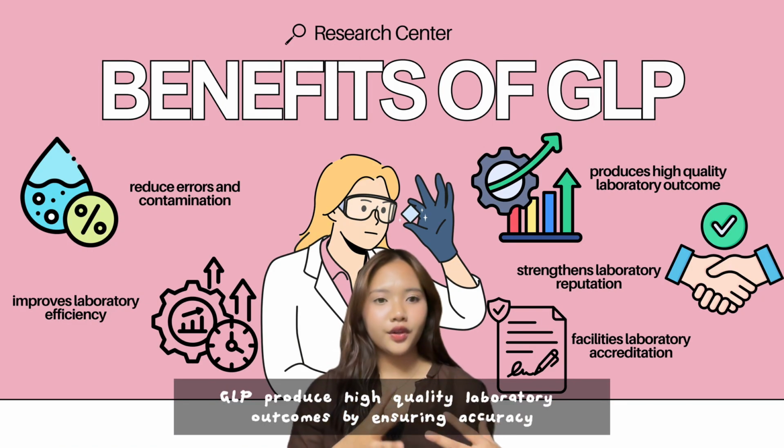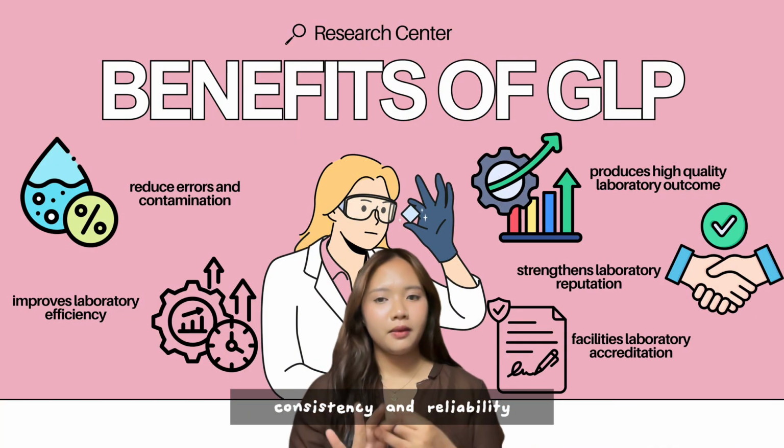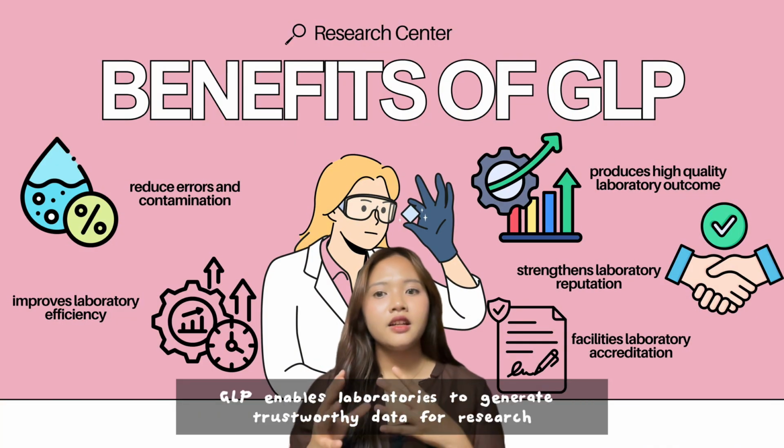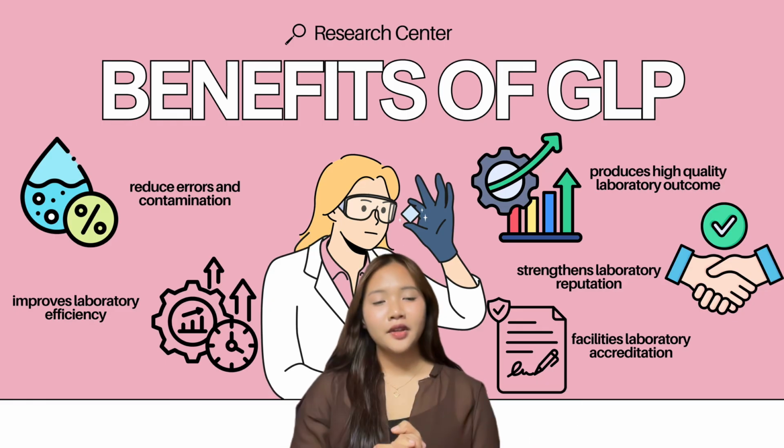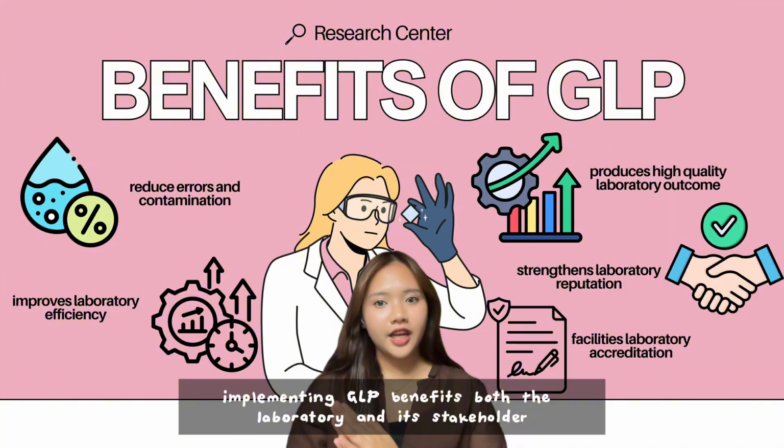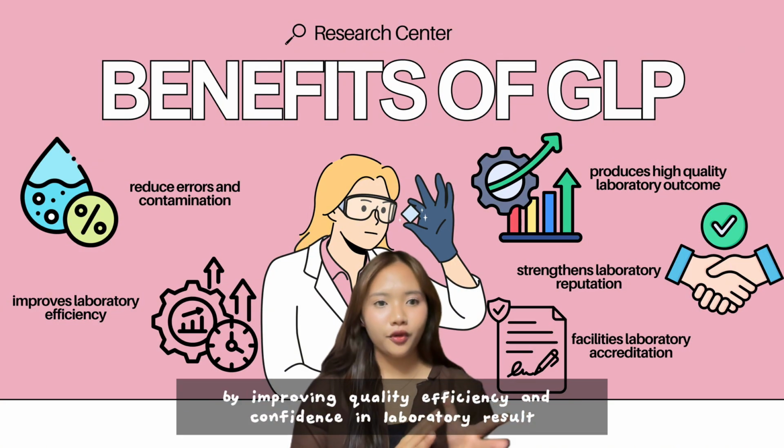By ensuring accuracy, consistency, and reliability, GLP enables laboratories to generate trustworthy data for research, testing, and regulatory purposes. Overall, implementing GLP benefits both the laboratory and its stakeholders by improving quality, efficiency, and confidence in laboratory results.